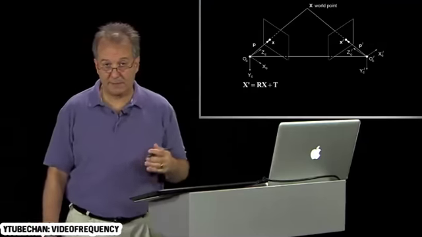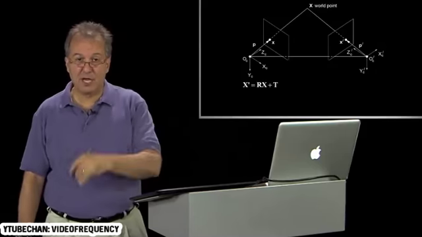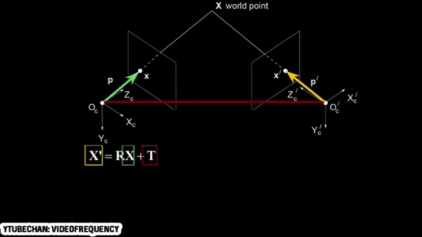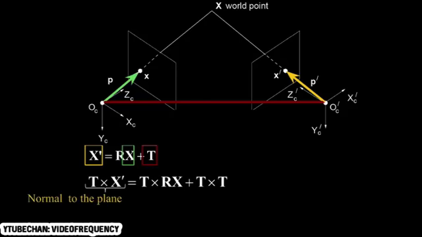So here we start our little mathematical foray from geometry to algebra. I just wrote what we had before. X prime, the location of x in the prime frame, can be expressed as having rotated the x frame by the R amount and then translating it by t. Let's cross both sides of that equation by t. We have t cross x prime on the left, and on the right, because of the distributive property, t cross Rx plus t cross t.